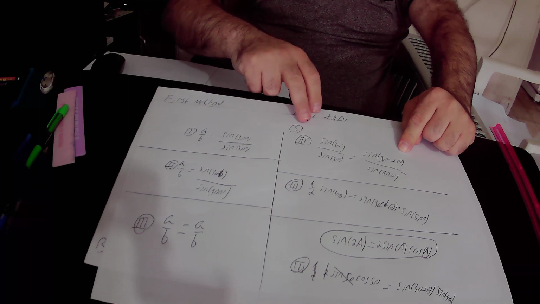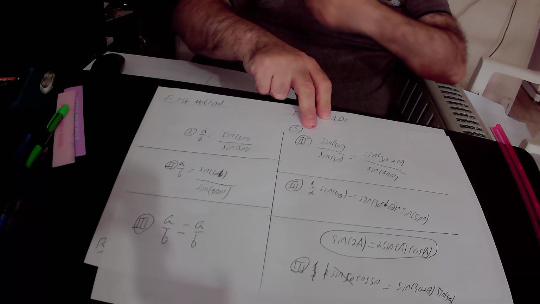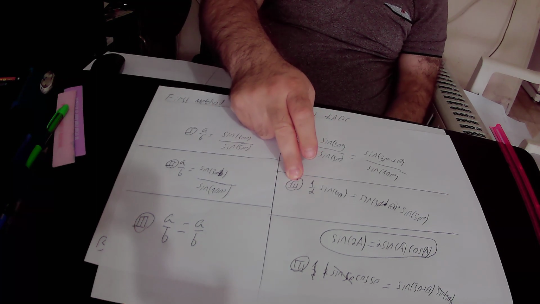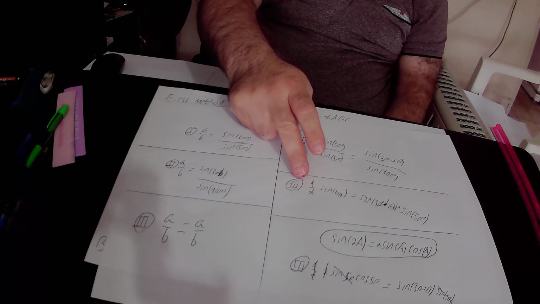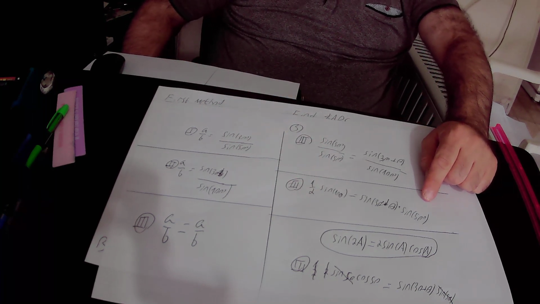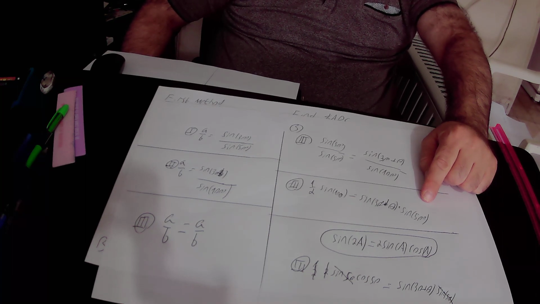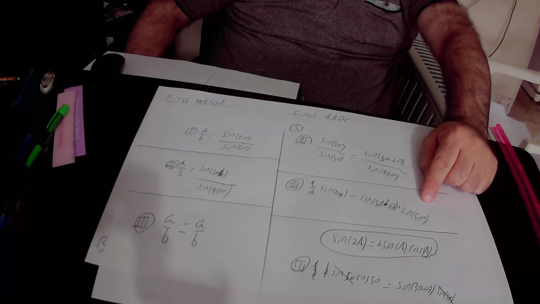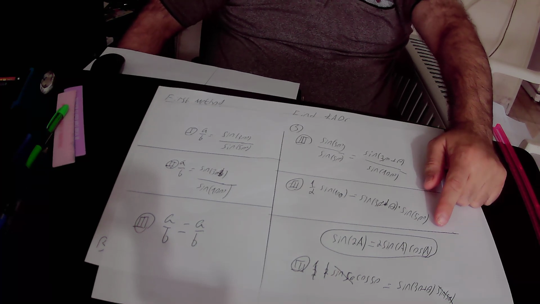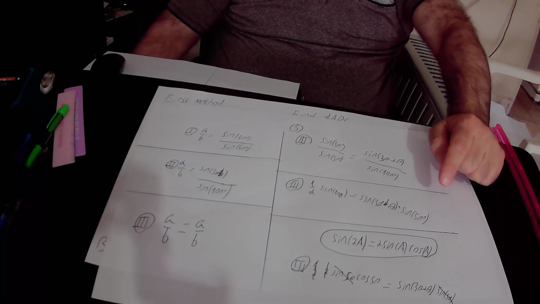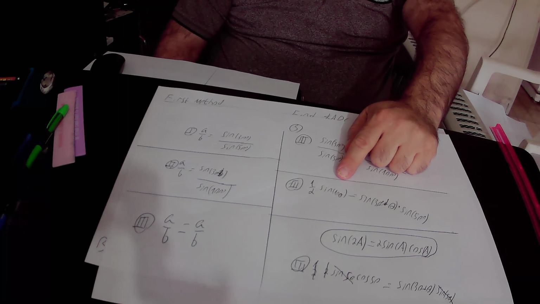Here we cross-multiplied equation number 3. We know that sine 30 degrees is 1 over 2, so it is 1 over 2 times sine 100 degrees, which equals sine 30 degrees plus theta times sine 50 degrees. Okay, then we used the trigonometric identity that sine 2a equals 2 sine a cosine a in order to simplify sine 100 degrees.